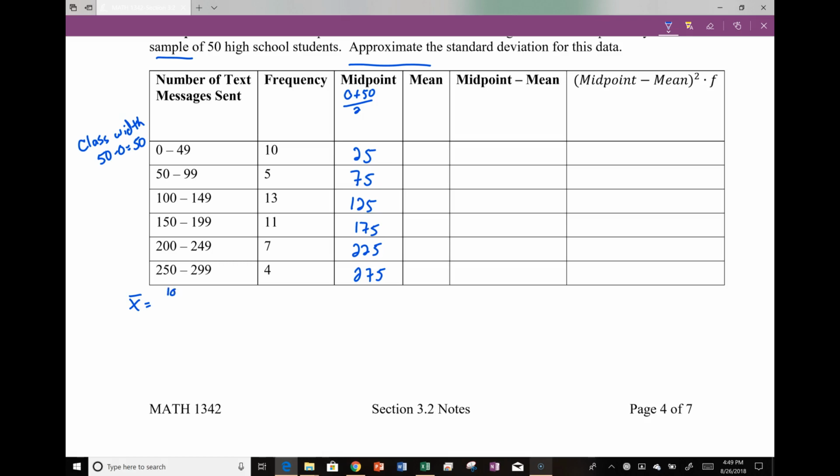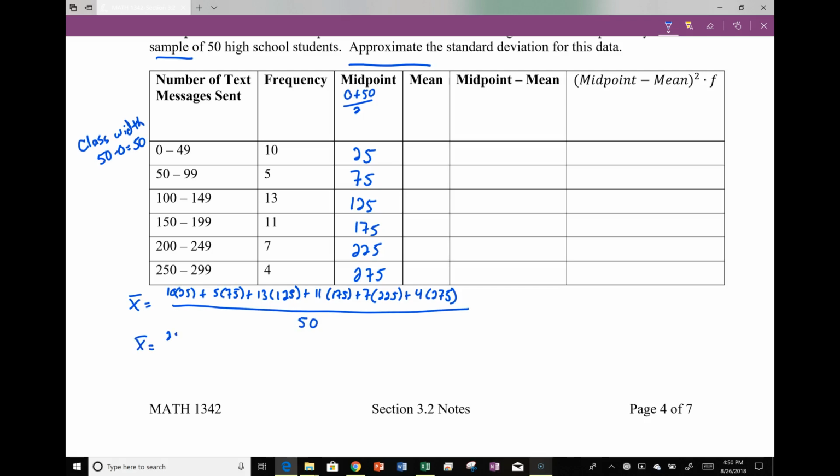So it's 10 times 25 plus 5 times 75 plus 13 times 125 plus 11 times 175 plus 7 times 225 plus 4 times 275. Actually, for the mean it doesn't matter if it's a sample or a population. I'm going to add these up, which should add up to 50, and I'll divide by 50.